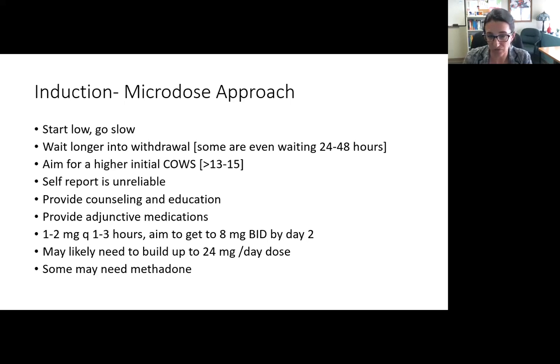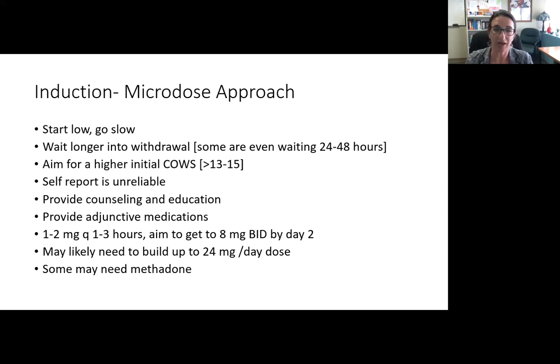This is the COWS score. I had shown you the SOWS before, but the COWS is used when they're in clinic. When we were taught about starting buprenorphine for heroin, we would aim for a COWS of at least 8 to 10. Here we've got a recommendation to aim for at least 13 to 15.